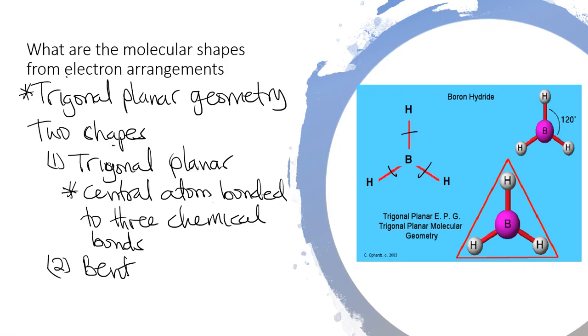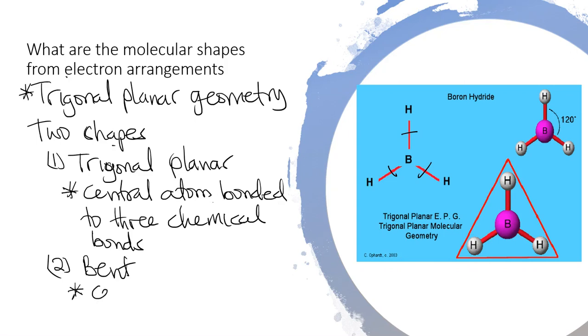The second shape is bent. So bent shape occurs when a trigonal planar geometry bonds to only two chemical bonds.